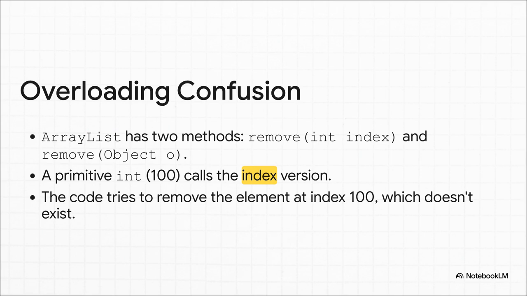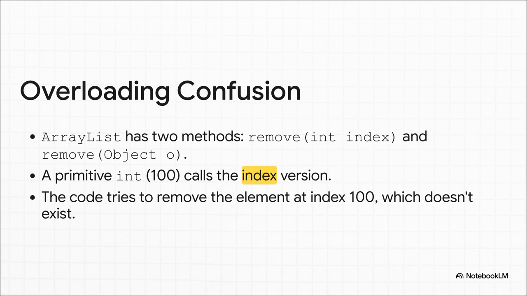So what happened? It's all because of something called method overloading. The ArrayList actually has two different methods named remove. One of them takes an int as an argument, and that's for removing by index. The other one takes an Object as an argument, and that's for removing by value. When you just pass the number 100, which is a primitive int, Java's rules say, I have a perfect match, and it chooses the remove(int index) method.